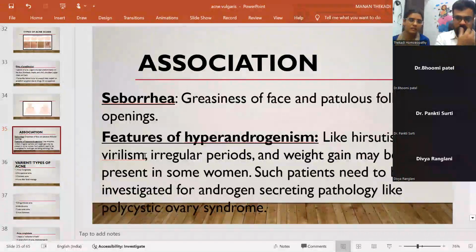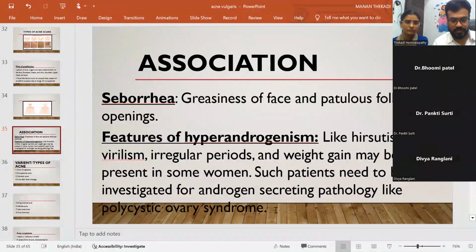In those patients we can go for the androgen test and differentiate from polycystic ovarian syndrome and other syndromes. Many PCOS patients at our clinic are diagnosed from acne only. They come with acne, and when they have hirsutism and menstrual irregularity, then you have to go for reports. If you get these three things, always think of PCOS.